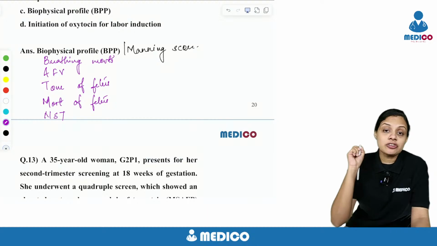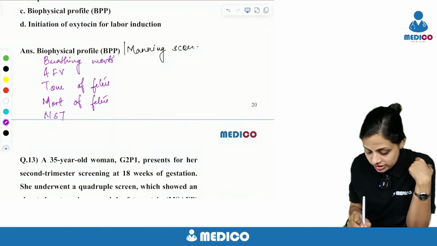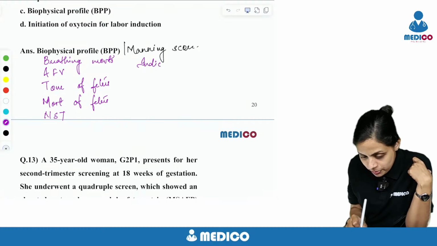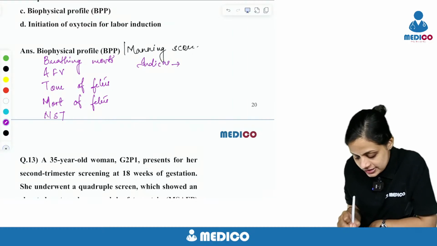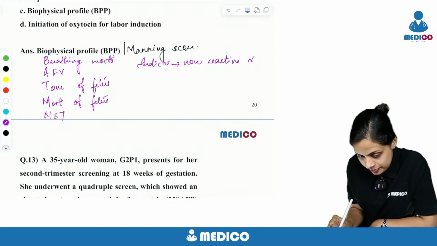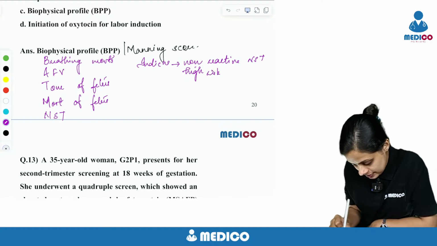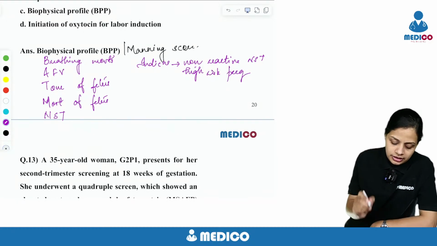These are the components of the biophysical profile. What are the indications? Where do you do a biophysical scoring? If there is a non-reactive NST, as in this case, or it is a high-risk pregnancy.